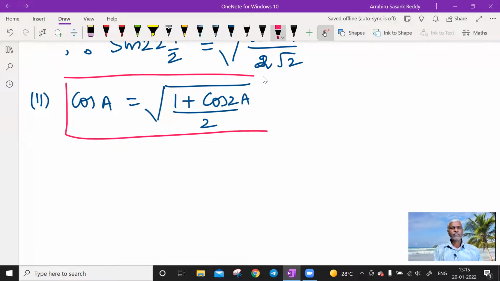Cos square A, 2 cos square A is equal to 1 plus cos 2A. This is from the cos 2A formula. If you convert this, you will get the cos A value. Cos 2A is 2 cos square A minus 1. So from that you will get this one.